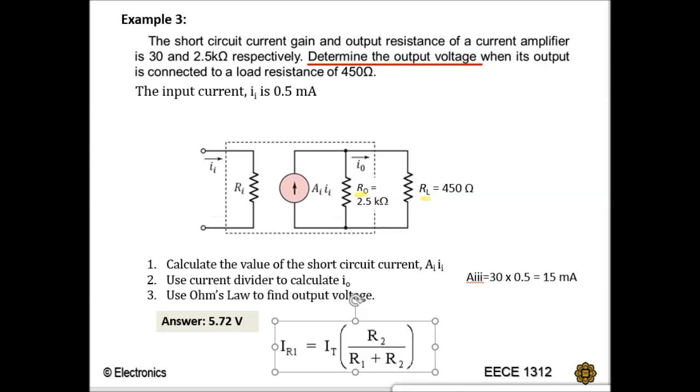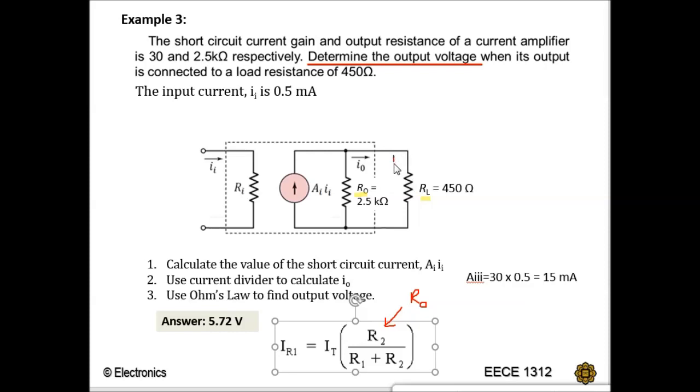So the numerator will be R0, and the bottom part will be the sum of R0 plus RL. When you calculate I0, now you know the current.